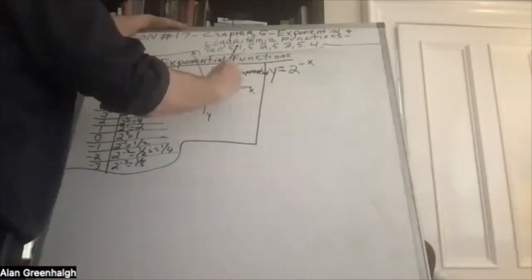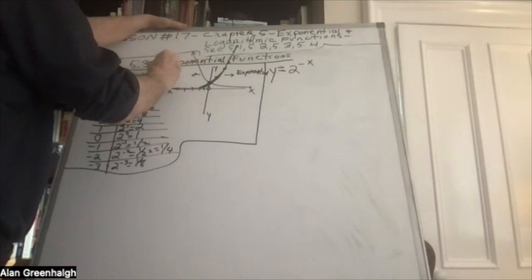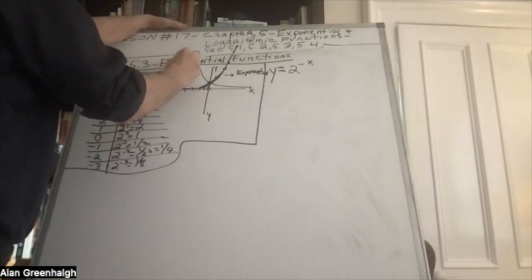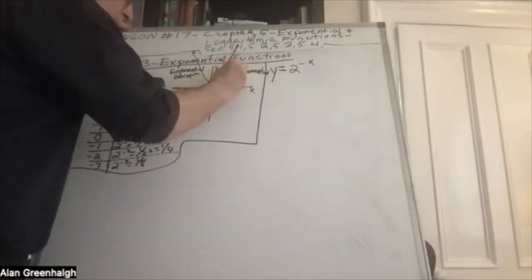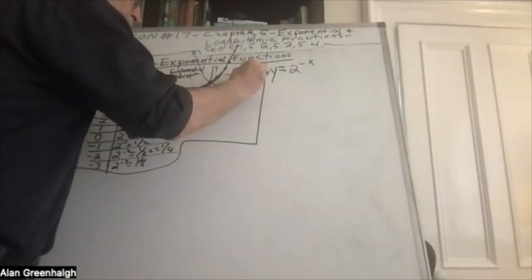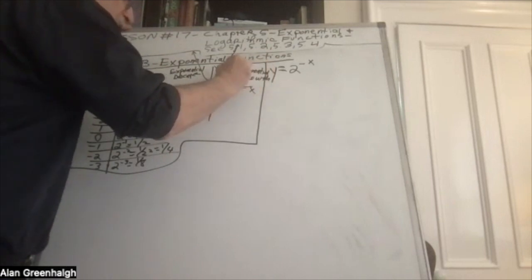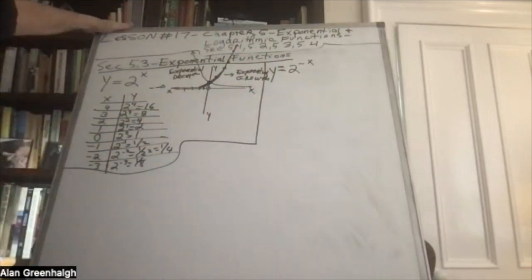This is called exponential decay. There are certain things in science which grow very quickly and certain things that decrease very quickly. And that's what they look like.